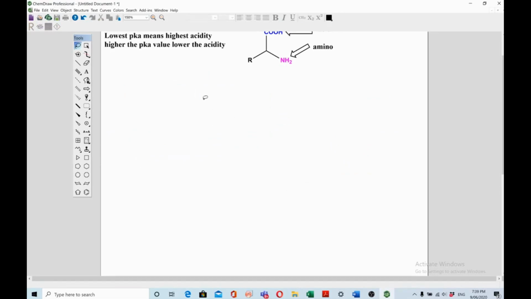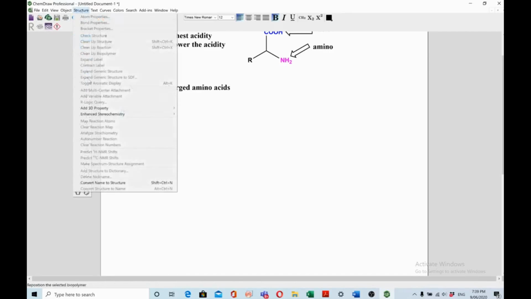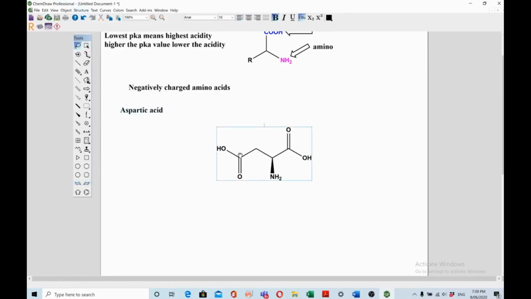Okay, now the next group is negatively charged amino acids. One is aspartic acid, and here is the aspartic acid.